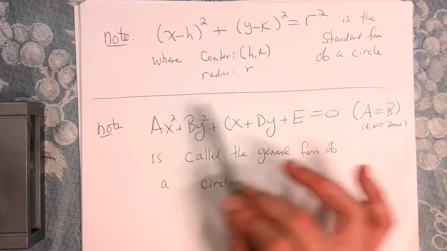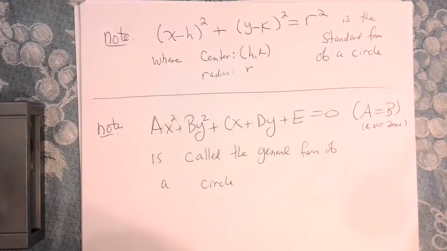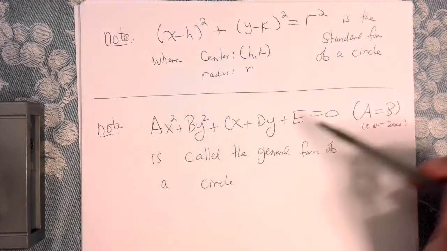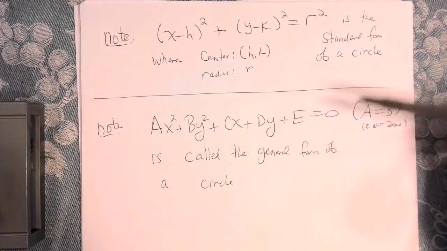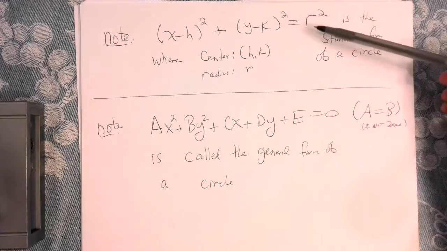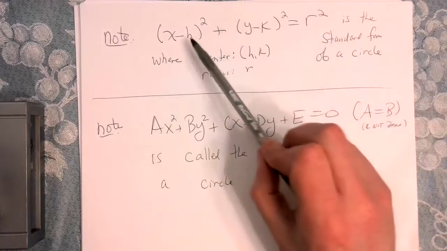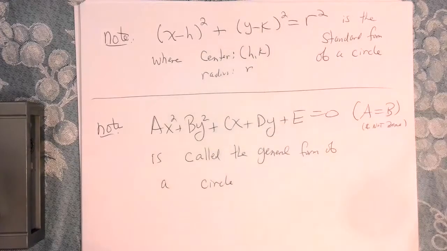This one's actually a bit tougher, in that if I get a circle in this form, I can't instantly tell the center and the radius, so it's more work to graph. But if a circle's in standard form, I can instantly graph it because I'll know the center and the radius.